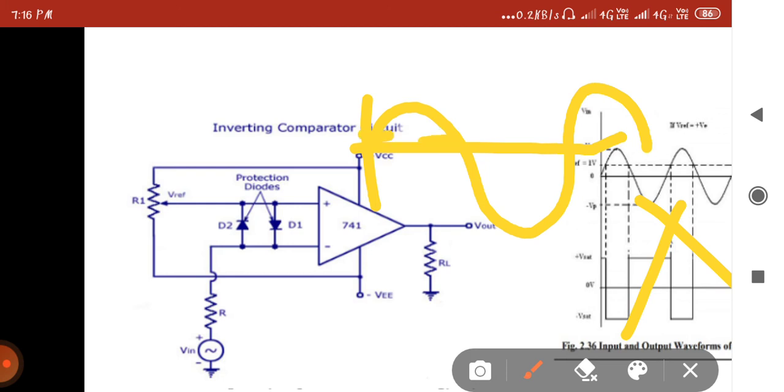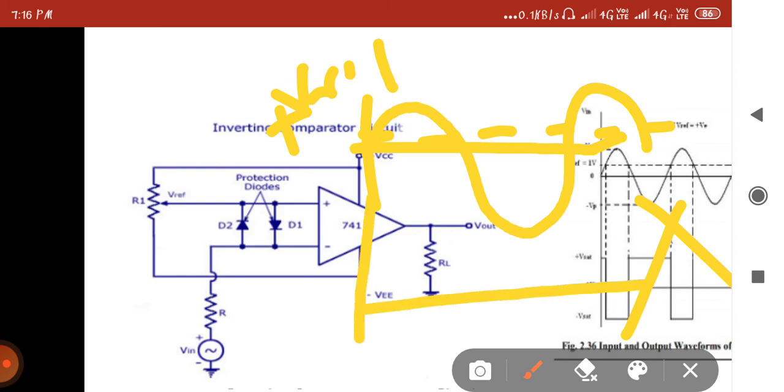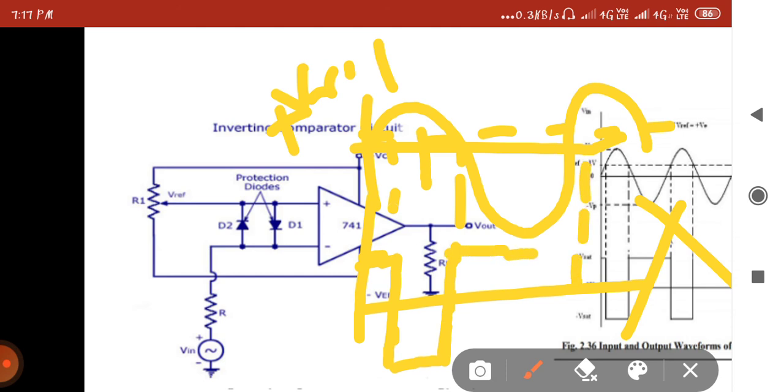It is a positive saturation, plus V reference. The waveform is like that. In the positive cycle comes the negative. This is negative. This is positive.